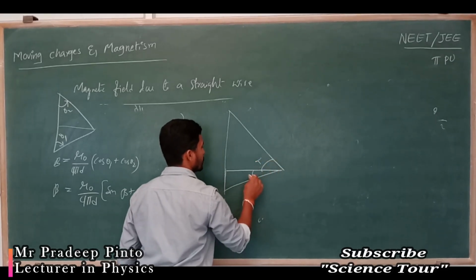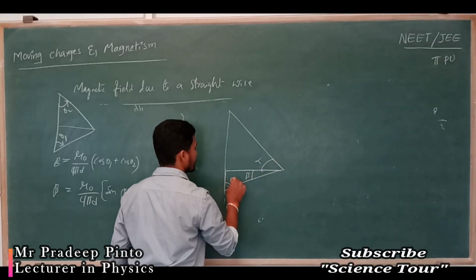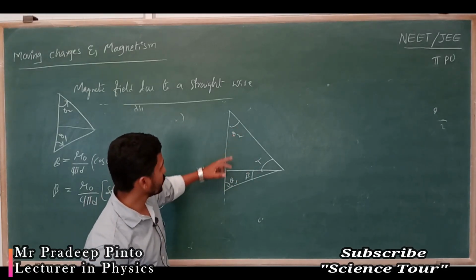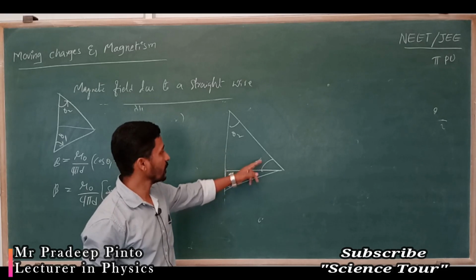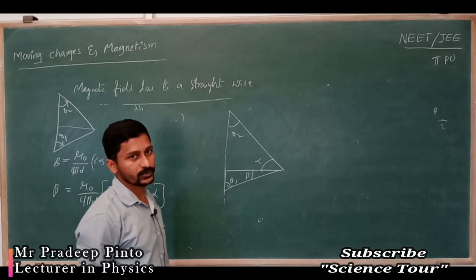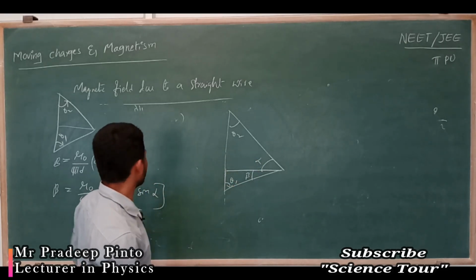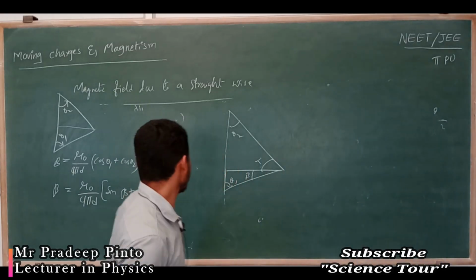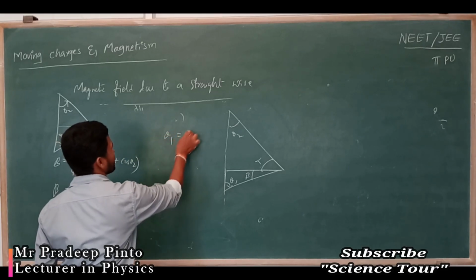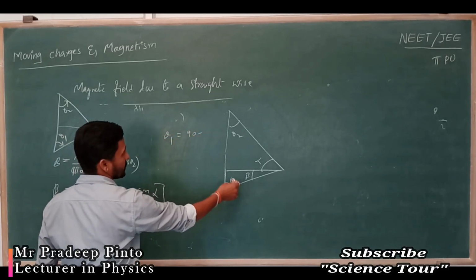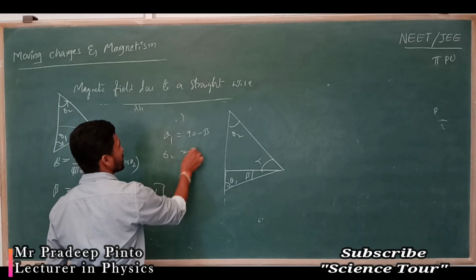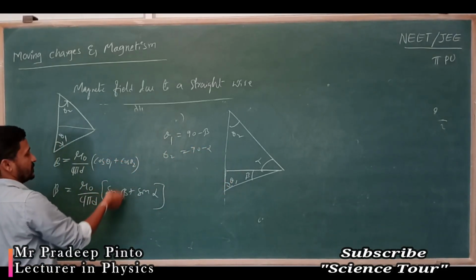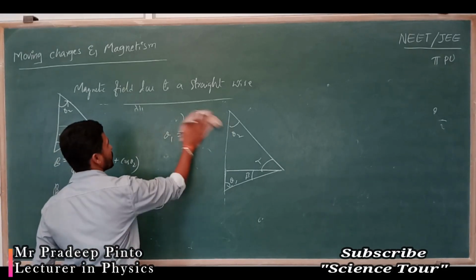This is alpha, this is beta, this is theta 1, this is theta 2. What is the value of theta 1? Theta 1 is nothing but 90 minus beta here, and theta 2 is nothing but 90 minus alpha. So you are going to get 90 minus alpha, 90 minus beta.